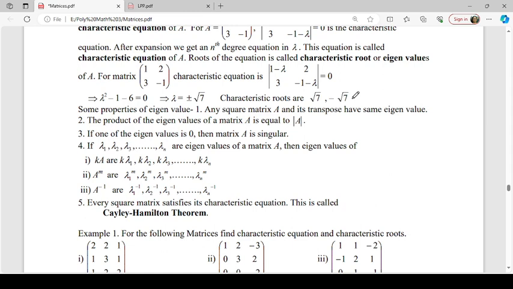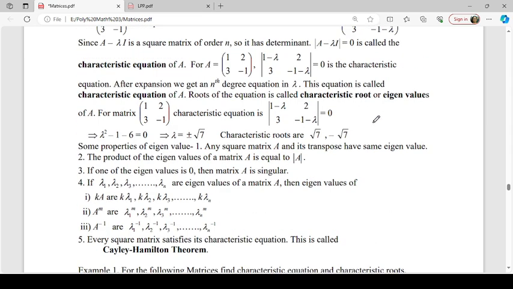So root over 7 into minus root over 7, it is minus 7. Here the determinant is minus 1 plus 6, minus 1 minus 6, it is minus 7. So this is the product of the eigenvalues, or these roots. This is equal to determinant A.